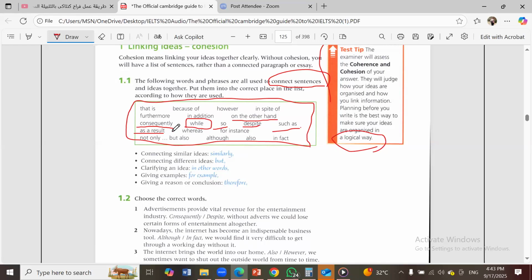For example, okay, full stop. We are talking about disadvantages such as wasting time. As a result, people don't achieve their tasks or finish their duties, or accomplish, which means achieve, their tasks at work or in their studies.